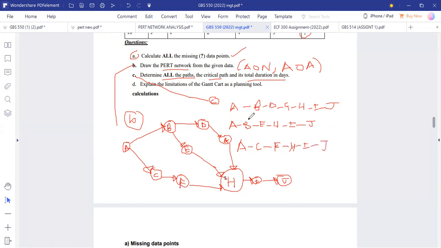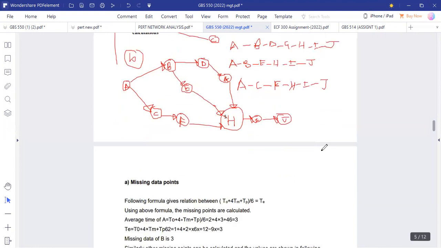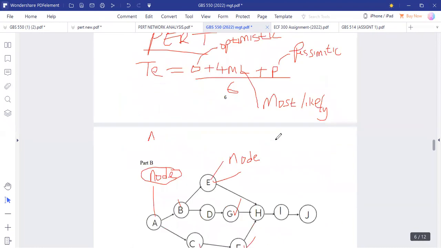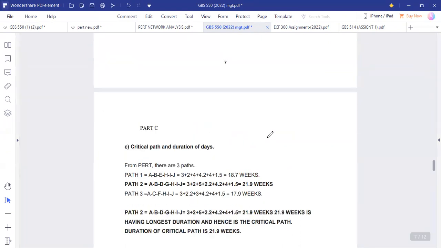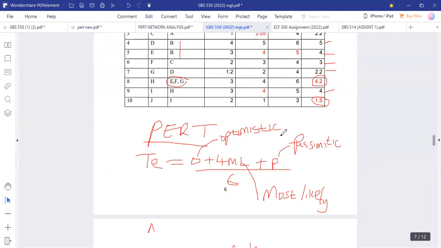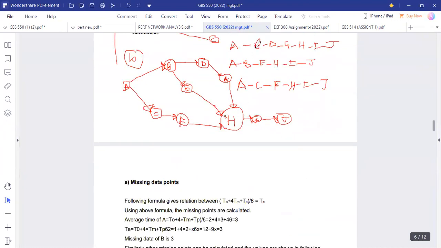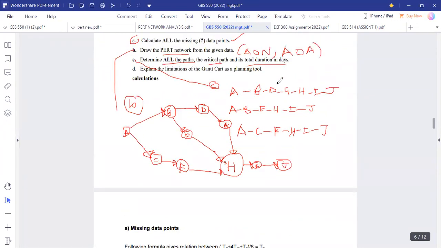So after this, we can now find which one will give us the critical path. The critical path is always the longest path. So this is how we actually find the various routes. So from the various routes, we have these ones that are actually given here.